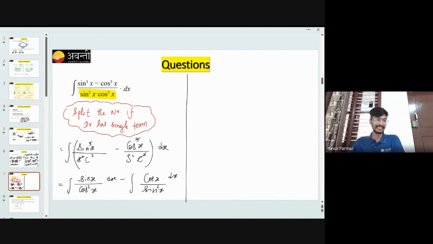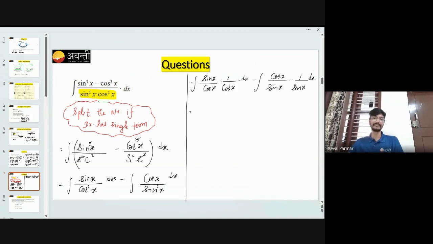So, here I can write sine upon cos square as sine upon cos into 1 upon cos. Similarly, I can write here cos upon sine into 1 upon sine. You will see why I did this manipulation.